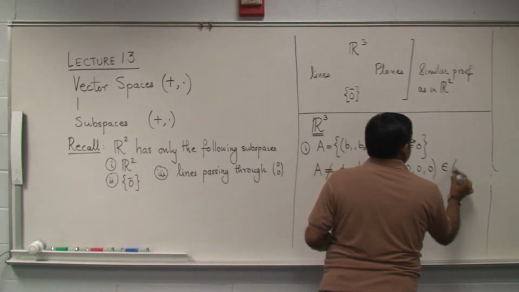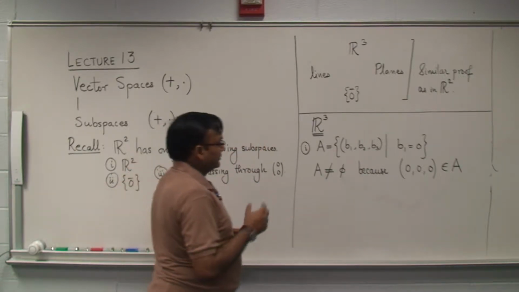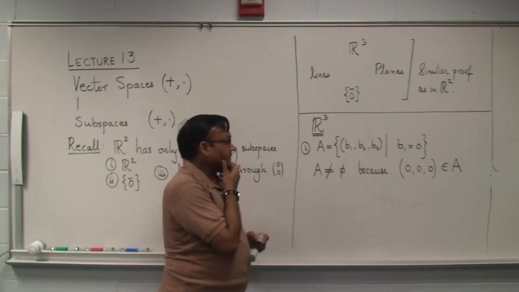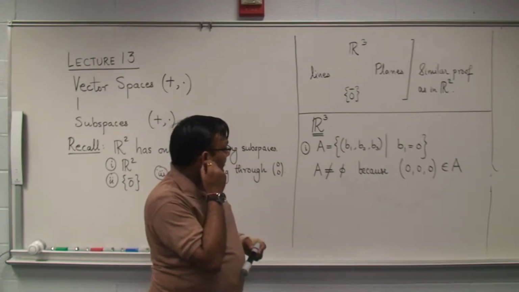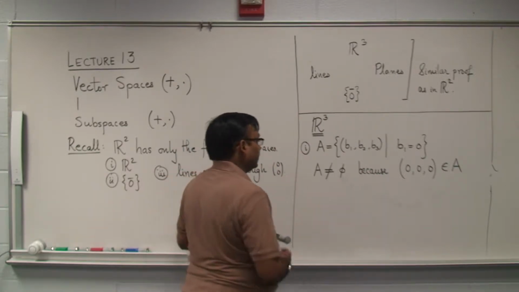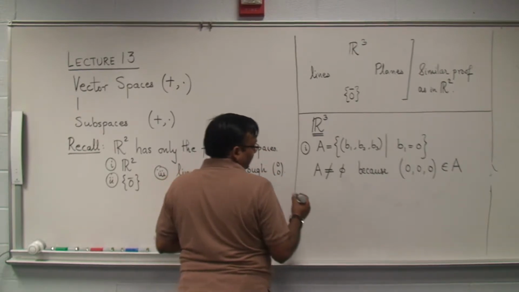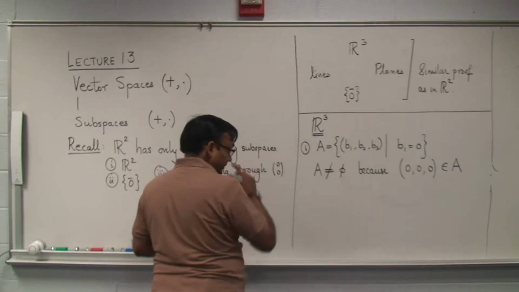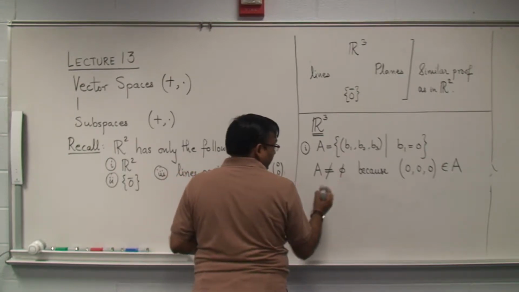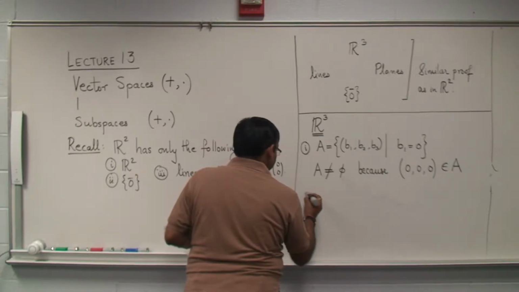The reason I chose 0 as an example is that it kills two birds with one stone. First of all, I have shown you that it is non-empty. Secondly, if you remember, every subspace has to have the 0 vector. So in some sense it is a validation that this could possibly be a subspace, because if 0 does not live inside the subset, then there is no chance of it being a subspace. However, just because 0 lives in here doesn't mean it is a subspace. We'll have to go for closure and everything.